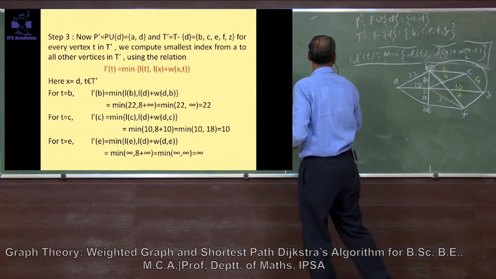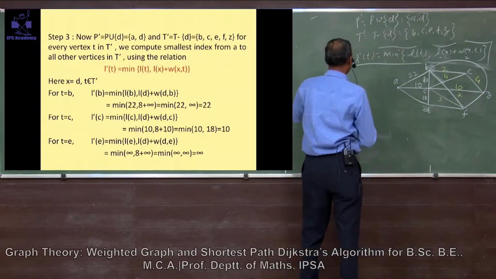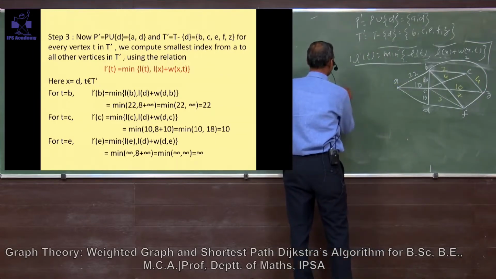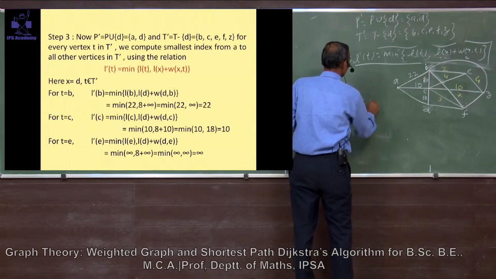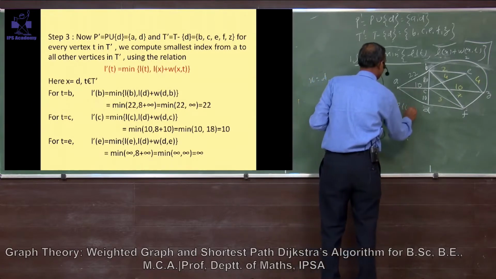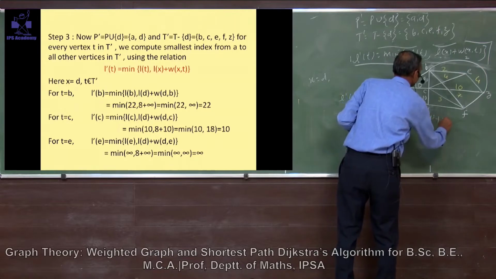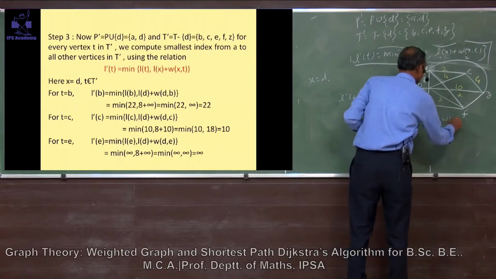Here x equals D, just chosen in the previous step. The formula will be L dash of t equals minimum of L of t, comma L of D plus W of D, comma t.